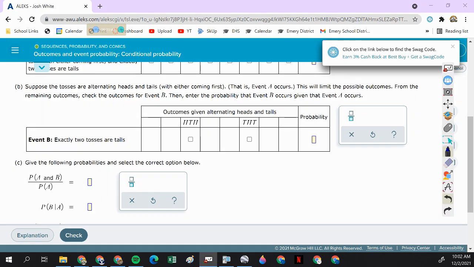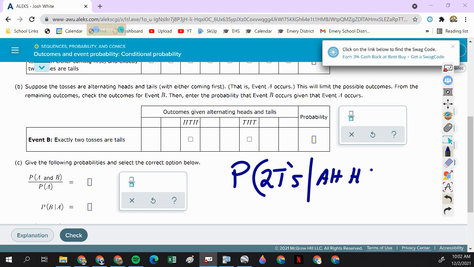So this is like saying, what is the probability of 2 T's given alternating H and T? Okay, this is conditional probability.